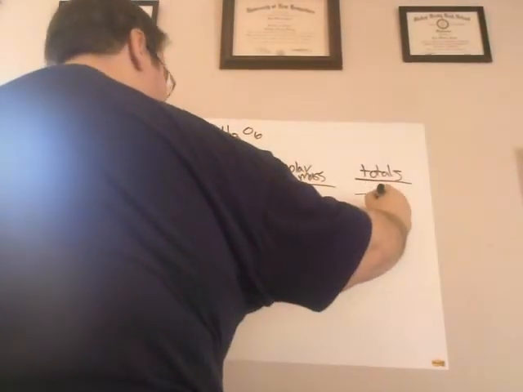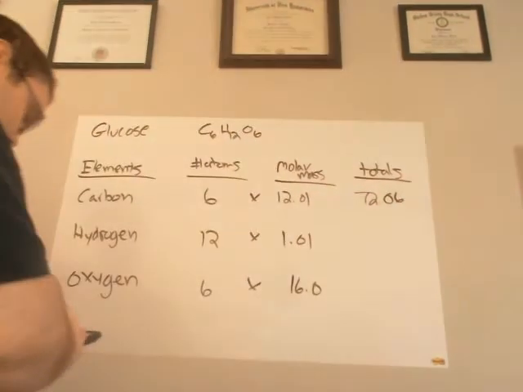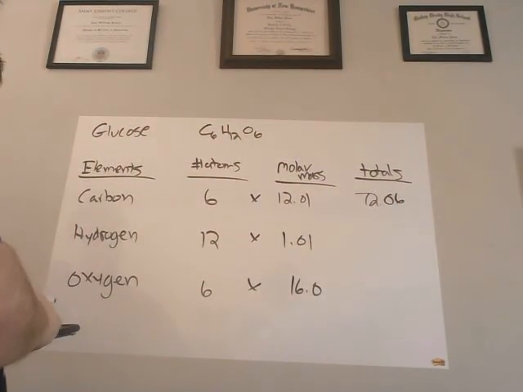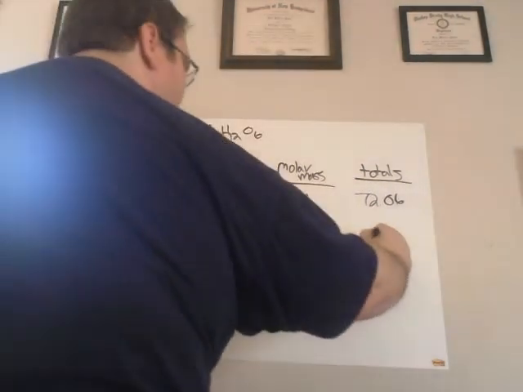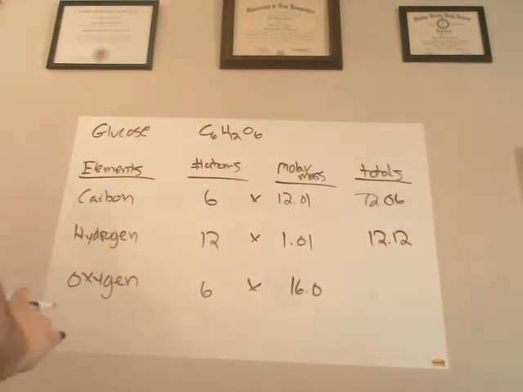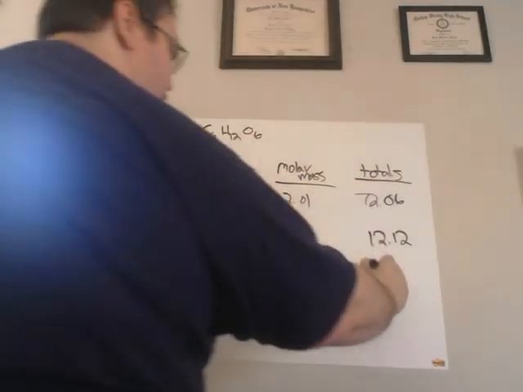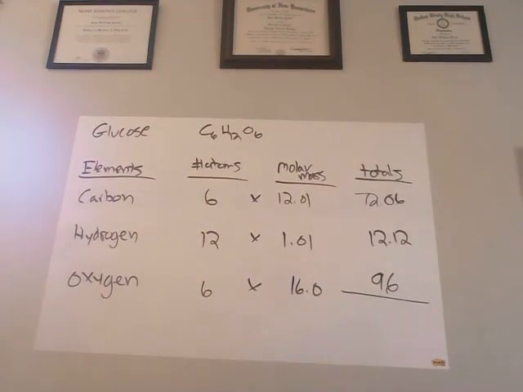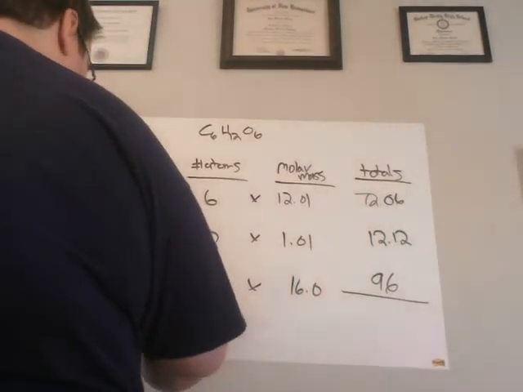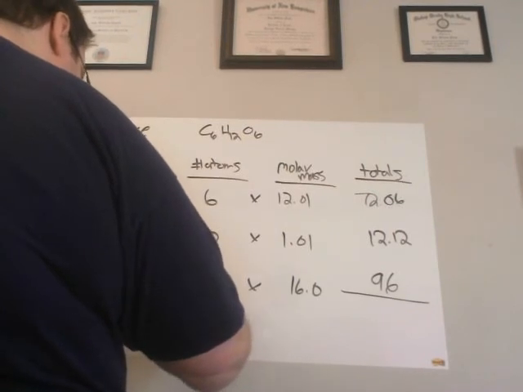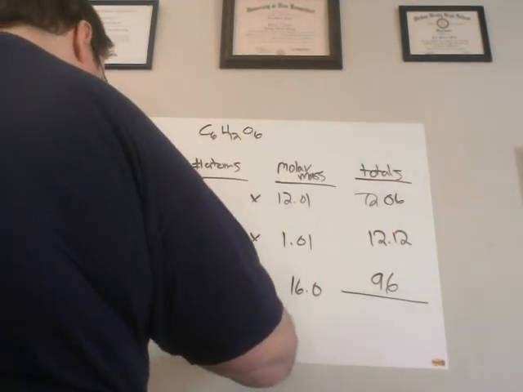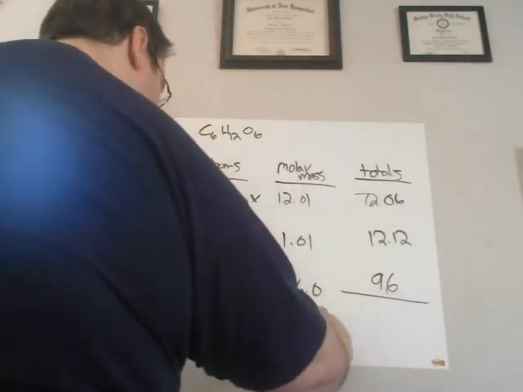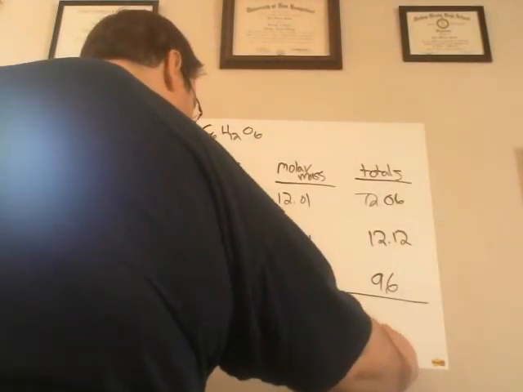We get 72.06, 12.12, and 96. Now the last step is to add our totals together. And we get 180.18 grams per mole.